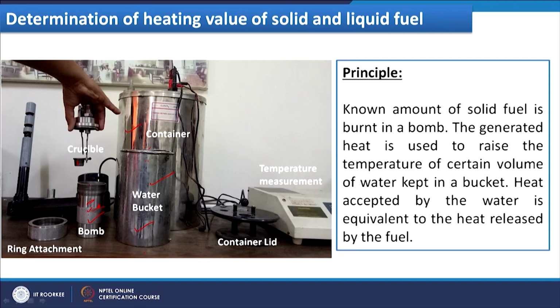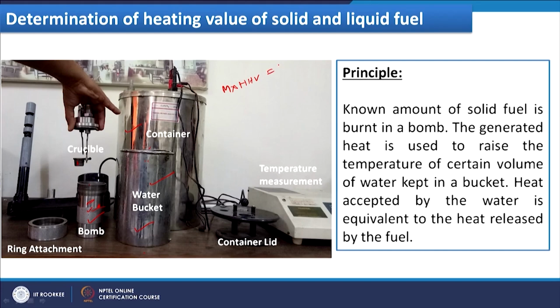We have heat released by the material, say we have taken m amount of material. So, m into the heating value of it, HV, this amount of heat is released, and that is taken up by the calorimeter.